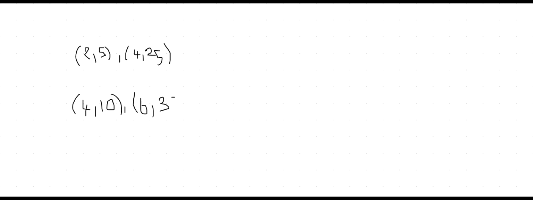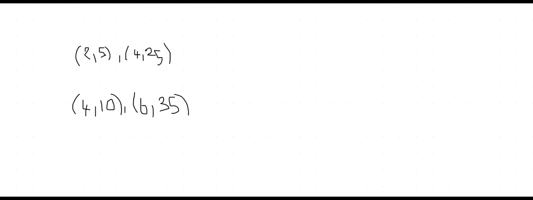So the question says, show that these two lines are parallel. Parallel lines should have the same gradients according to the theorem. To show that these two are parallel, we need to compute their gradients, and if their gradients are the same, then these two lines are parallel.